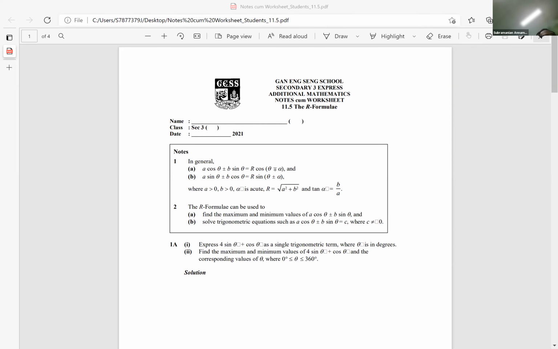Let me share the screen with you. 11.5, where is it? Should be this one. Okay, are you able to see my 11.5?